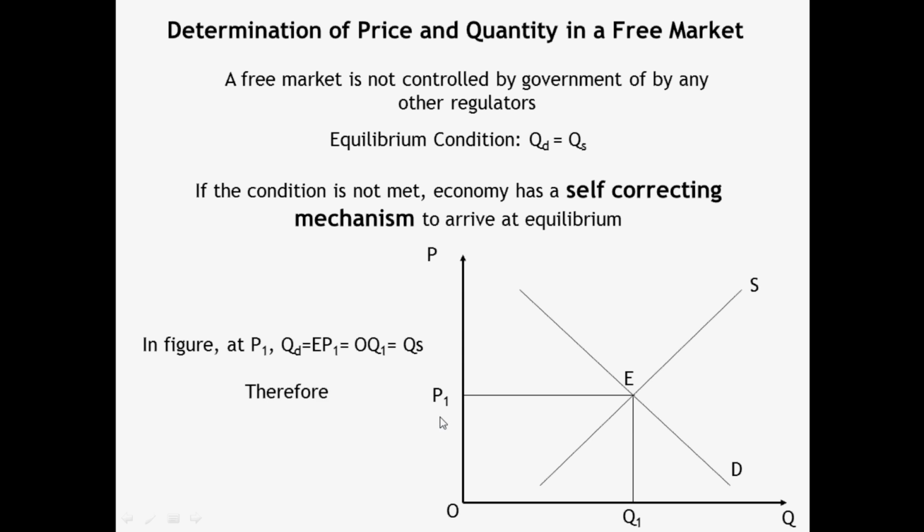P1 price is equilibrium price and Q1 quantity is equilibrium quantity. Now let us see what happens if there is a deviation from the equilibrium. That is, we are going to explain how the self-correcting process works when the market is not in equilibrium.